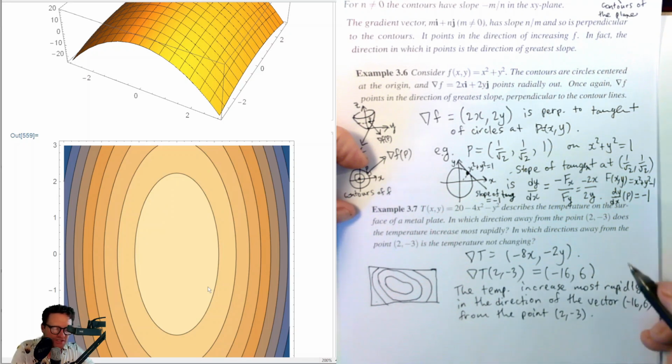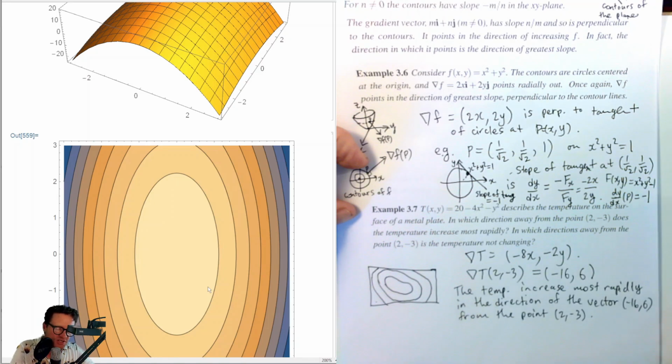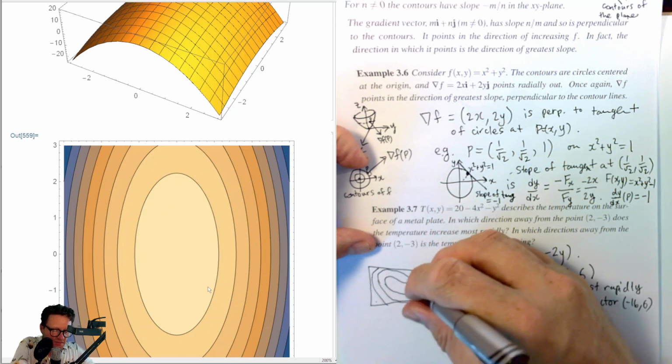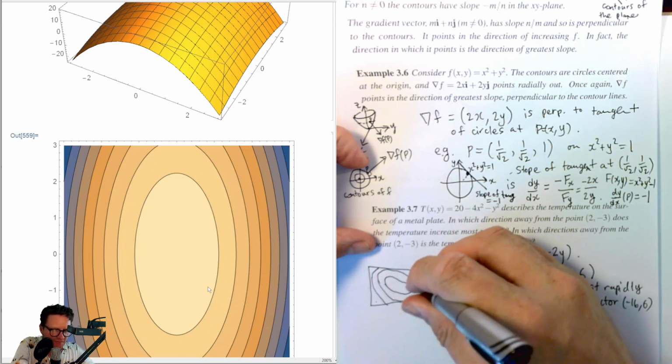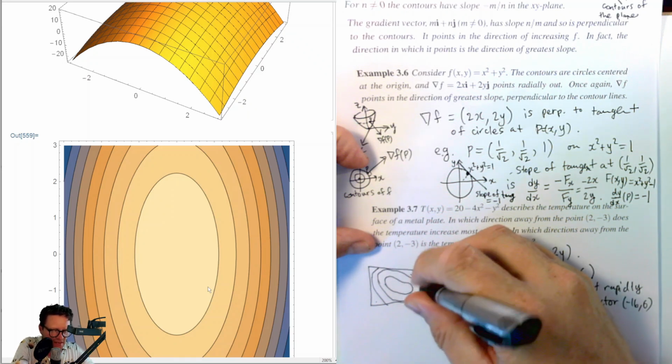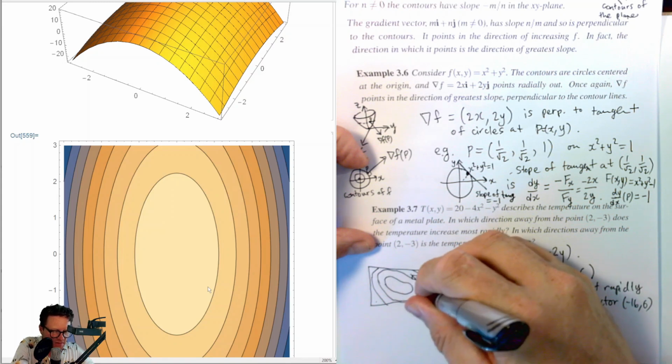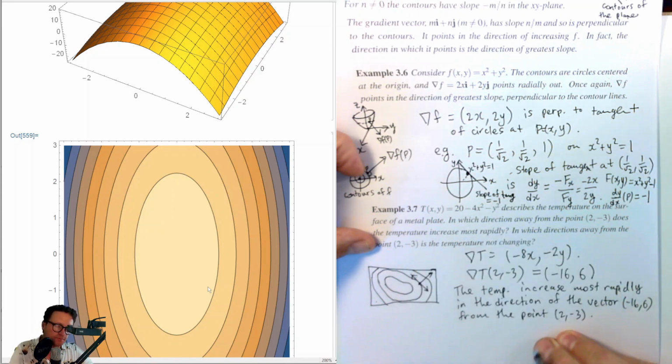Okay, now in which direction away from the point (2, -3) is the temperature not changing? Well, it would be perpendicular to that, right? So for example, here's grad F, and then perpendicular to that, not changing in this direction or this direction.